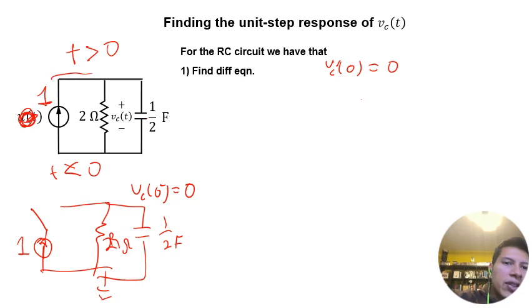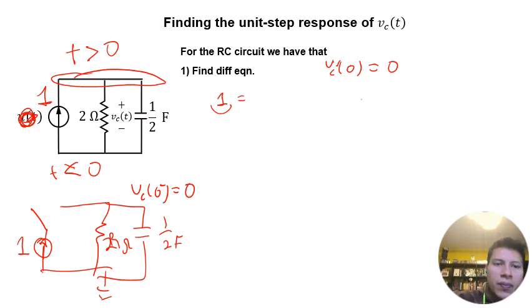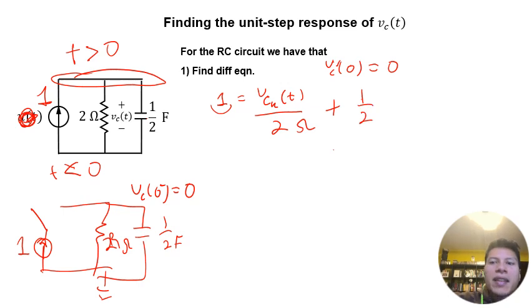And as for the differential equation, I can apply KCL, and I'm going to get that 1, or the input current, is equal to the voltage across the capacitor, and then this is the unit step response, so I'm going to add a U there, divided by 2 ohms plus 1 over 2, the capacitance, times the time derivative of the voltage across the capacitor.